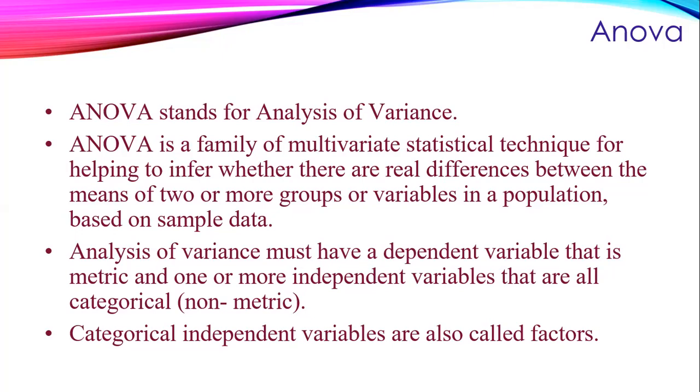The basic condition is that there should be more than two groups. The dependent variable should be continuous or metric data, and the independent variable, that is the groups, should be categorical in nature.